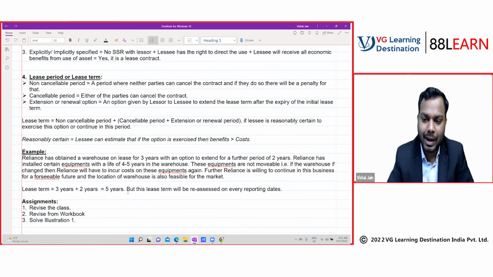Then on that date specifically, even in the middle of the year, we can remove this 2 years period. Is it clear, everyone? So these are your assignments, and I believe you will do it. You have the notes from your workbook. You have your illustration one, but I projected it on the screen and asked you to take a screenshot, right?